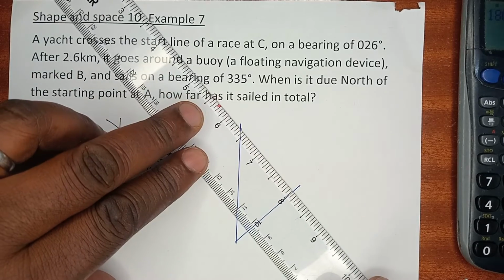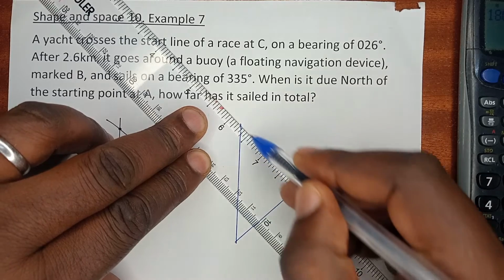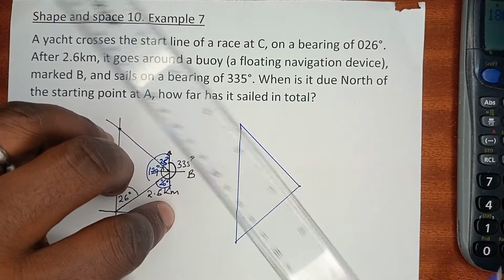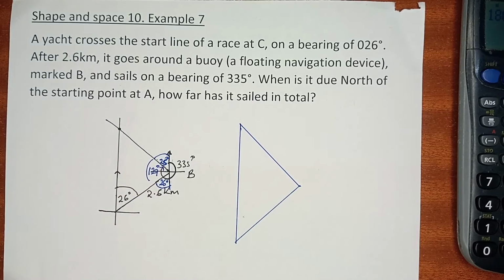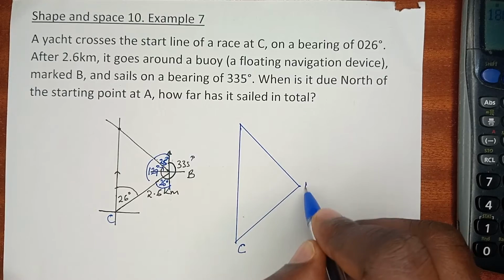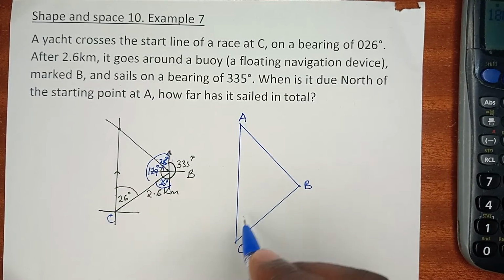Let us put all the details in this triangle. This is our point C, this is B, and this is point A. We know very well this is 26 degrees.